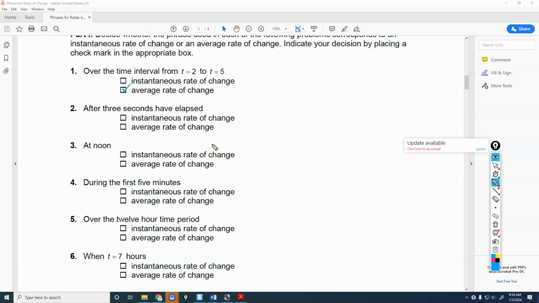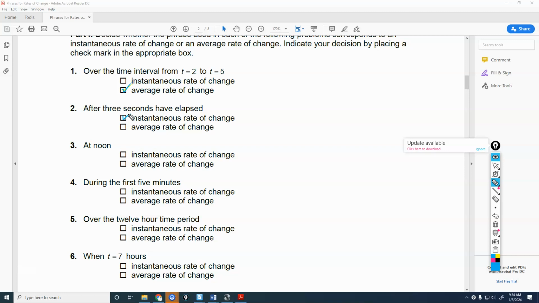2. Lily, what do you think for 2? It is not. It is instantaneous. Although I can kind of see why you would be inclined to maybe say average, but after 3 seconds is at that point.